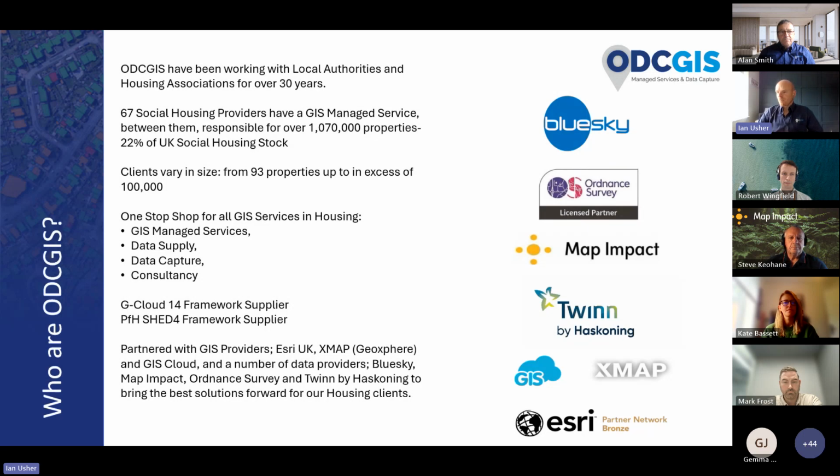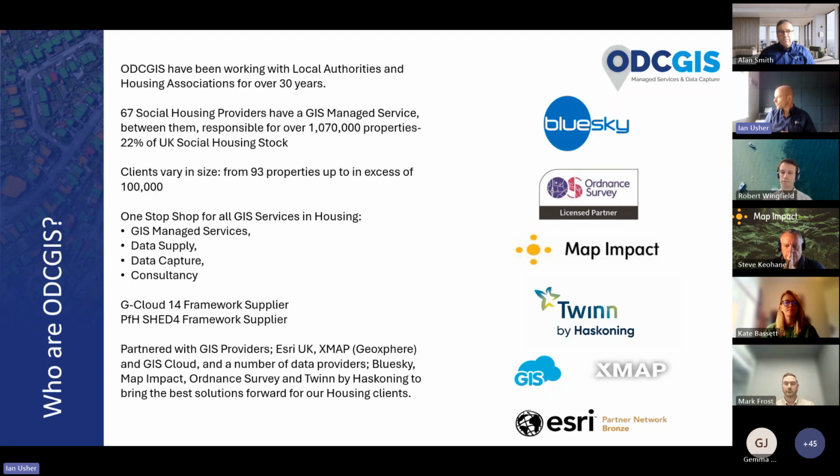So just a little bit on ODC GIS. We've been working with local authorities and housing associations for over 30 years. We've currently got, that number's changed in the last couple of days, 69 social housing providers that we provide a GIS managed service to, and that's responsibility for over 1 million properties, which is about 22% of the overall UK social housing stock.